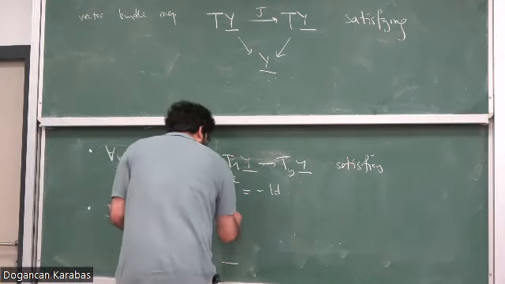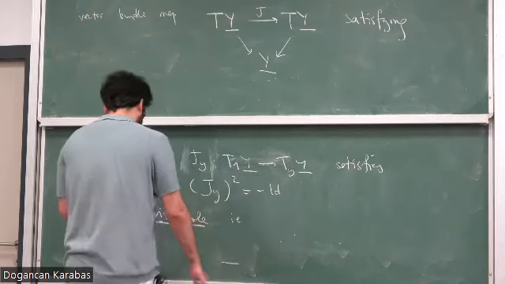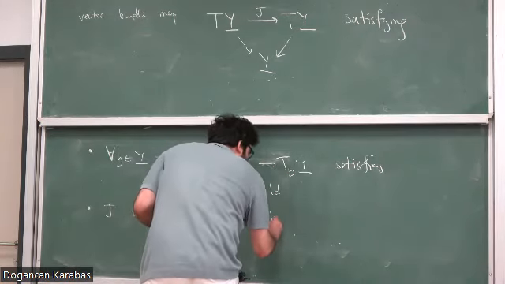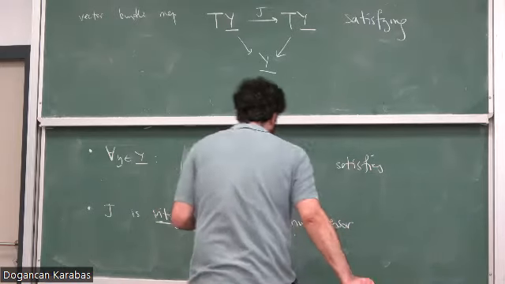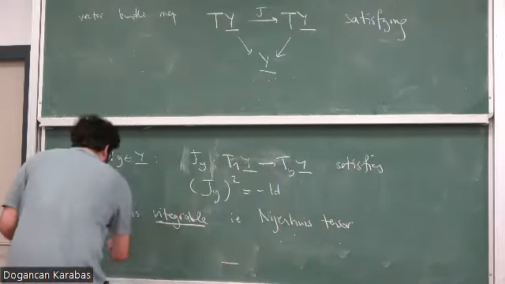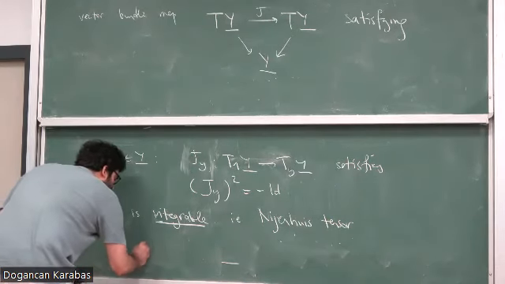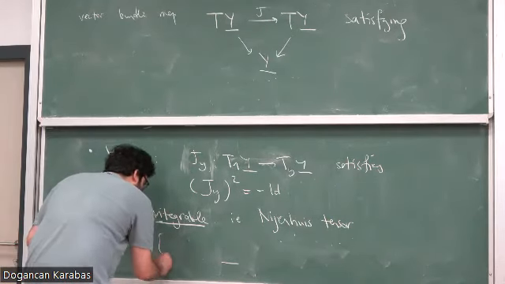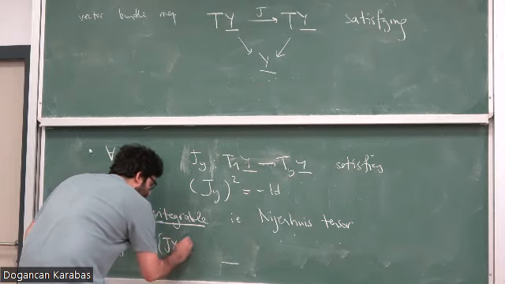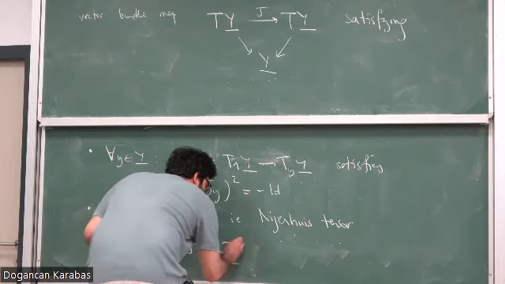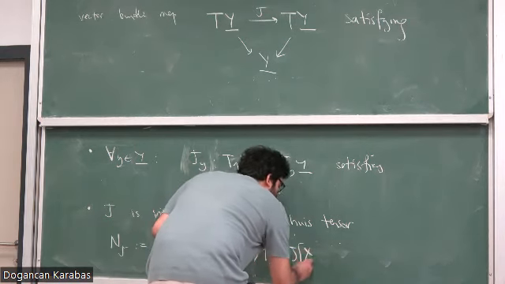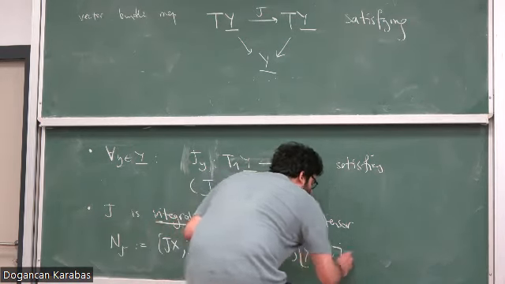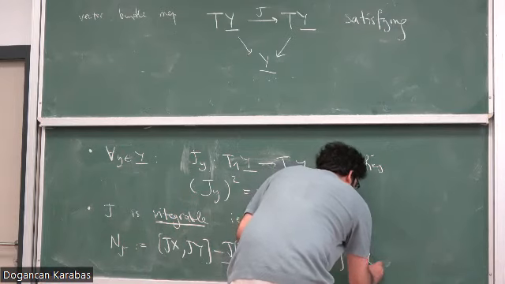And just to write what this means: the Nijenhuis tensor, N_J, there's a formula for this guy: [J X, J Y] minus J[J X, Y] minus J[X, J Y] minus [X, Y], I think.